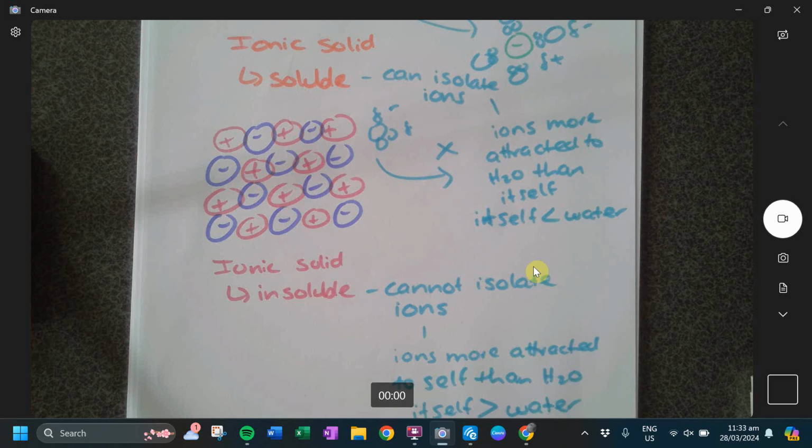All right. Some things to keep in mind when we are dealing with solids, when we're dealing with these two standards.